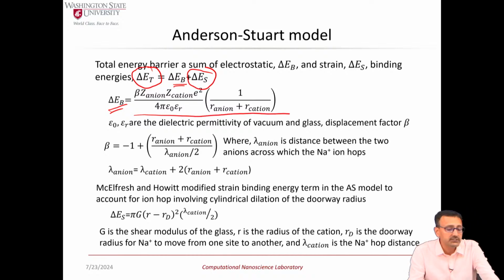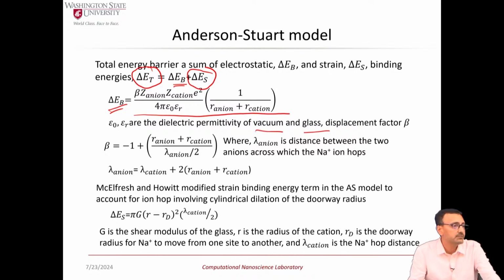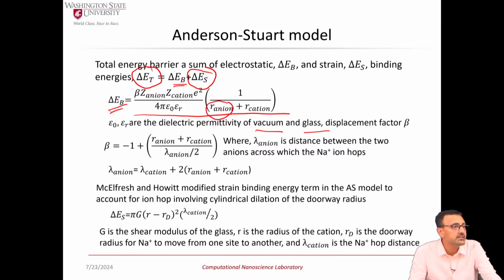The partial charges on the cation and the anion, in this case sodium and sulfur, the dielectric permittivity of vacuum and glass, which is a fixed value for a certain composition of the glass, and it is also a function of the radius of the anion and the diffusing cation. Okay. So, the anion the cation is coordinating with, and the radius of the cation itself.